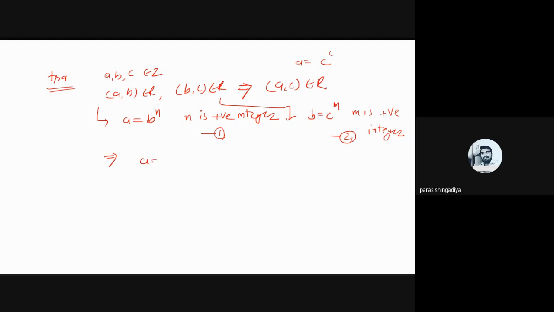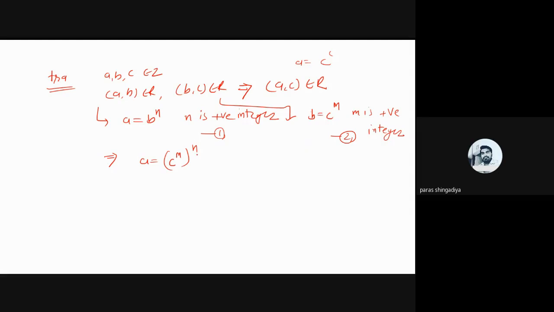So here we have a is equal to b raised to n, and b is c raised to m. Just replace the value of b in equation number 1. Replace the value of b from equation number 2 into equation number 1.